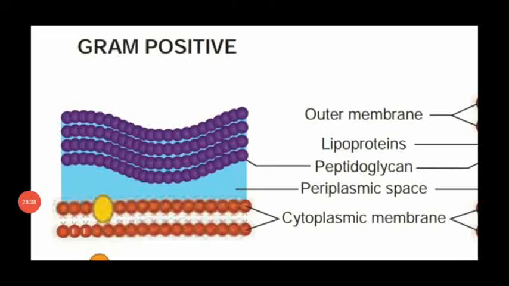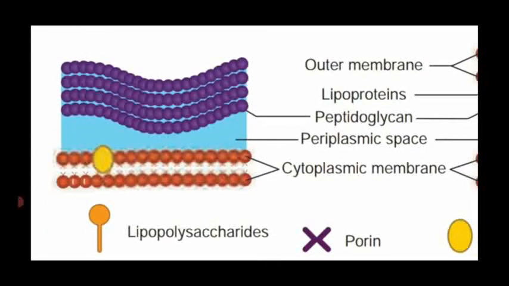Dear students, see the gram-positive bacteria. In gram-positive bacteria, the outermost layer is called the cell wall. The cell wall is made up of peptidoglycan. Then inner to the cell wall, they have the plasma membrane or cytoplasmic membrane which is made up of lipoprotein substance.